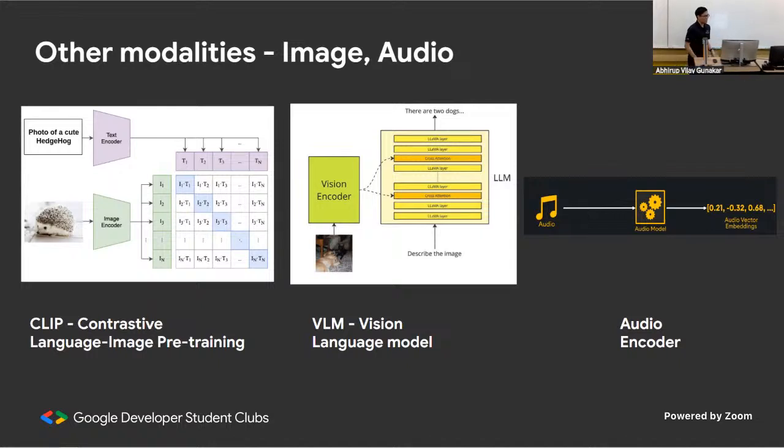The second method you can use is a vision or audio language model. This is a different way for the model to understand images.